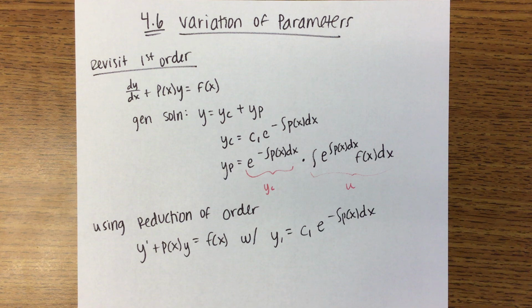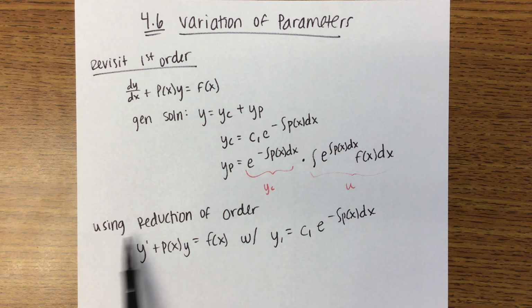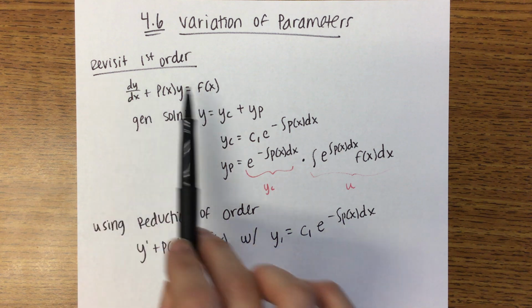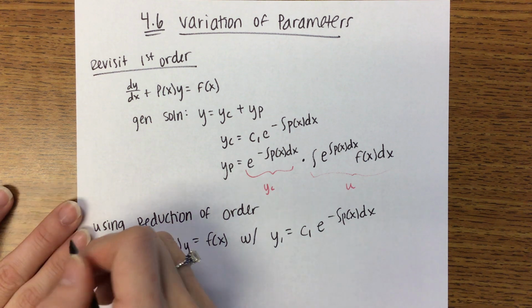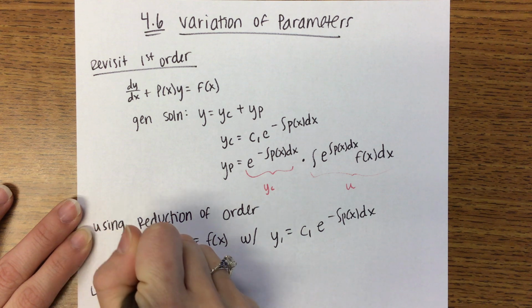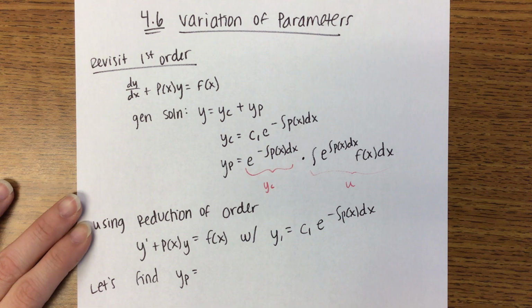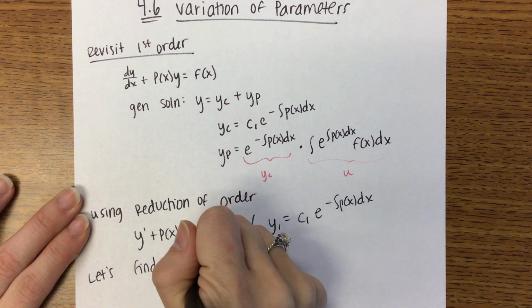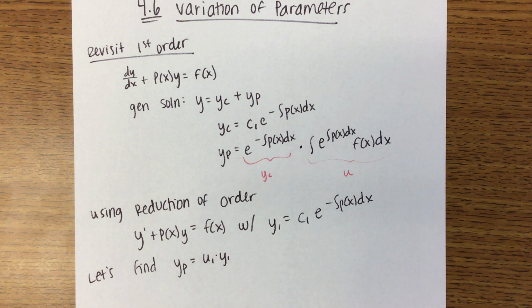Using reduction of order, we're going to find the particular solution again. I just gave you this, we haven't seen it before, so let's use reduction of order on this equation with the one solution we do know to find the particular solution. We're going to say the particular solution is u times y1, so it's a multiple of y1.